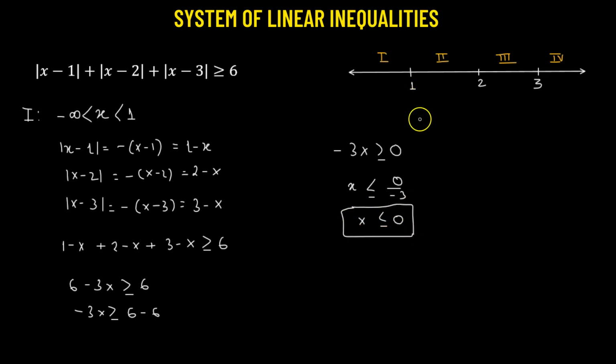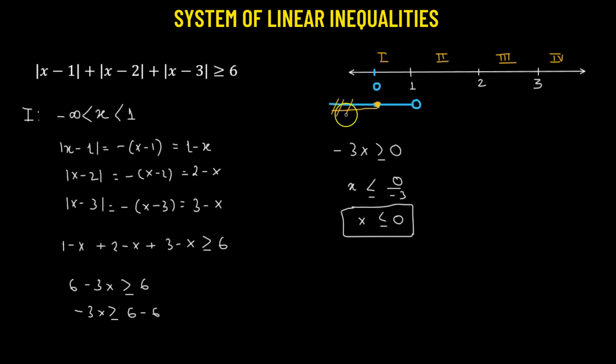Now coming to our number line, here we have considered that x lies between negative infinity and positive 1. So it starts with negative infinity and goes to 1. And here we have obtained that x is less than or equal to 0. So our 0 will be lying here to the left of 1. So here we'll have to consider the values of x which are less than 0, that means lying to the left of x equals 0.